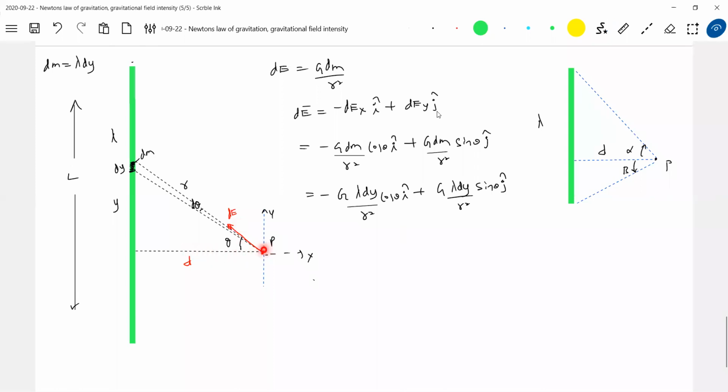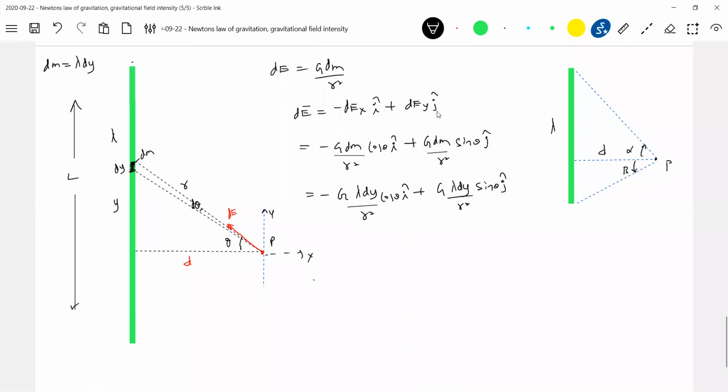The other component will be along the y-axis. The component of dE bar along the x-axis is dE cos theta. The component along the y-axis will be dE sin theta. Agreed? Lambda is given to us rather than mass, as usually lambda will be defined for us. So G lambda is defined.